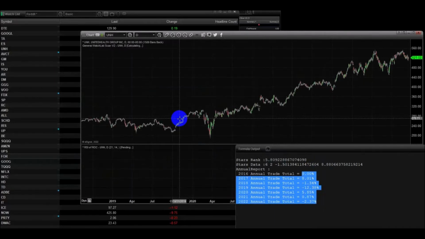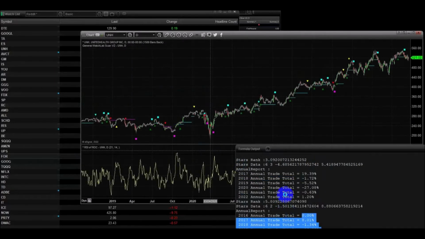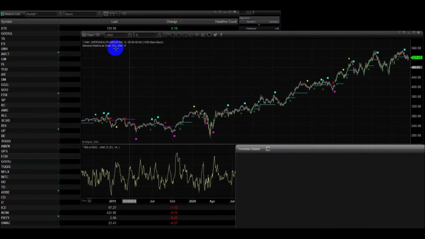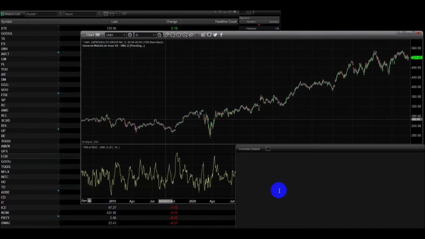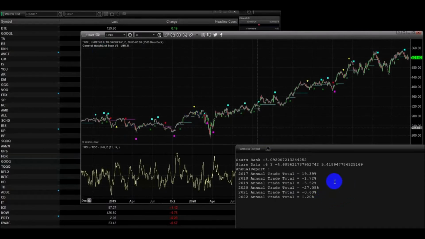Try a different symbol. So UNH, clear this again so you focus on the real data. UNH is showing us 19, -1, -5, -27, -0.63, and 1.20.